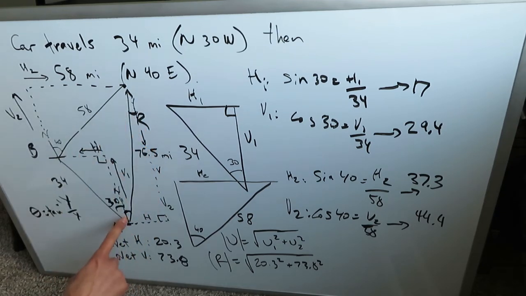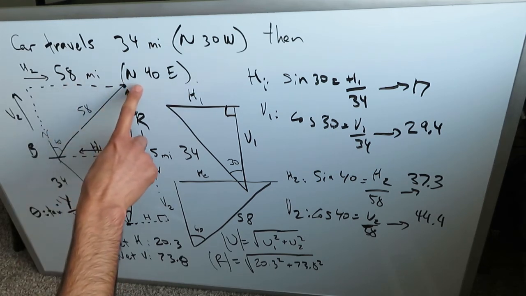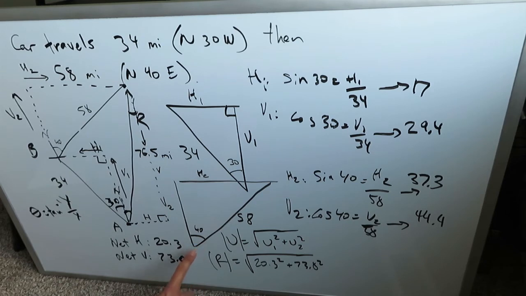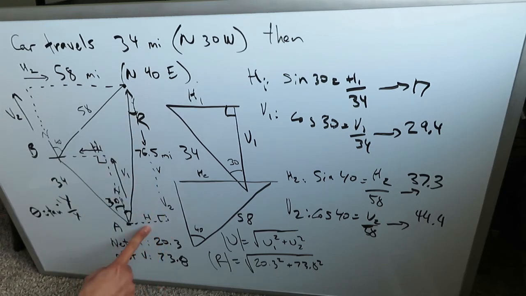With regards to this angle, you have a height of 73.8 and 20.3 across. Your opposite is the 20.3 horizontal component and your adjacent is 73.8. So you end up with 20.3 as your opposite divided by your adjacent 73.8.